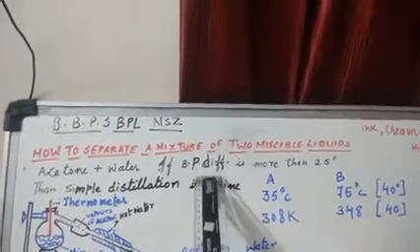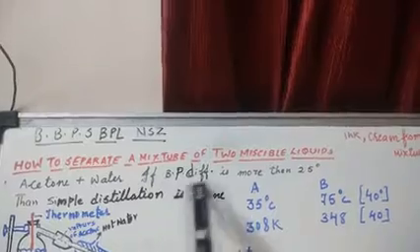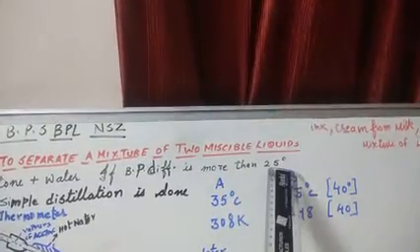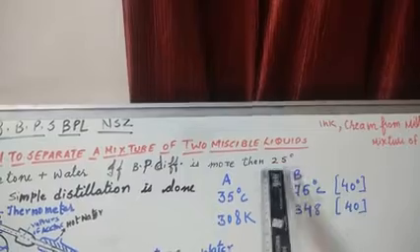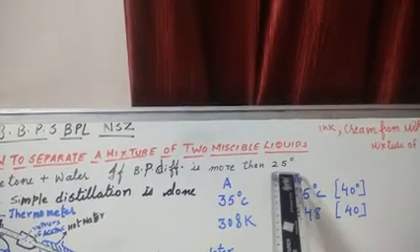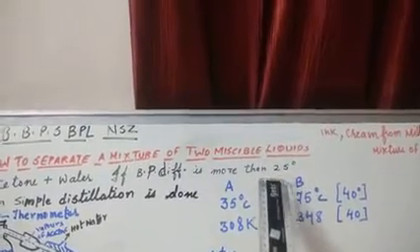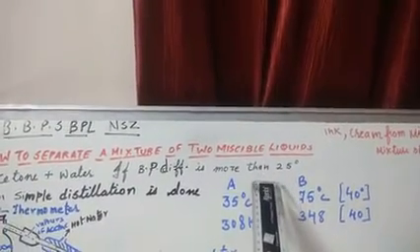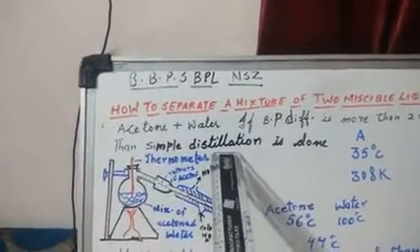If the boiling point difference of the two components is more than 25 degrees, I am not writing here Celsius or Kelvin, 25 degrees difference in boiling point of the two components, more than 25, then those two components can be separated by simple distillation.